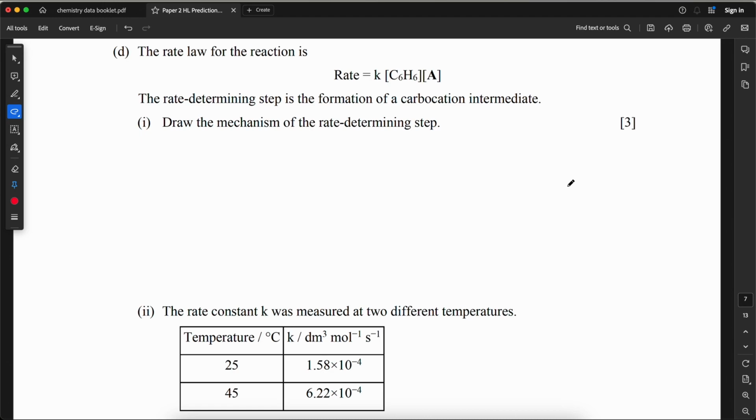The rate law of the reaction is k, benzene, and A. The rate determining step is the formation of a carbocation intermediate. Draw the mechanism of the rate determining step.